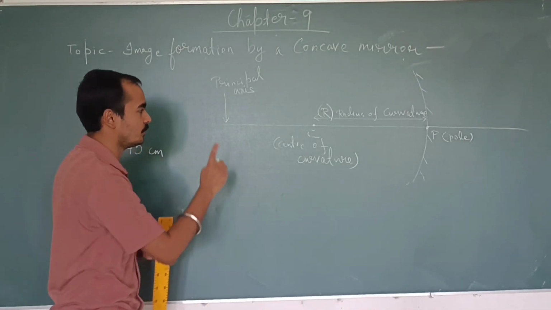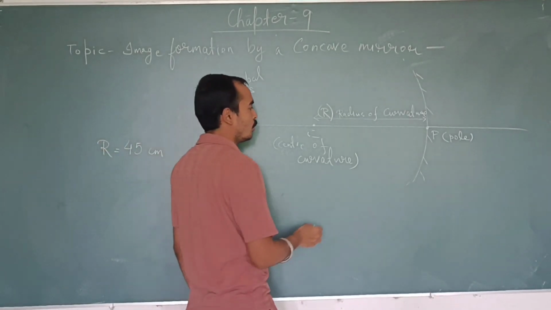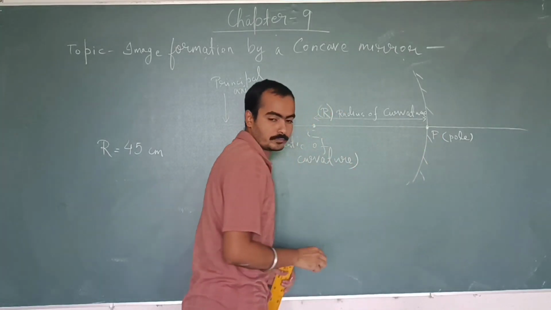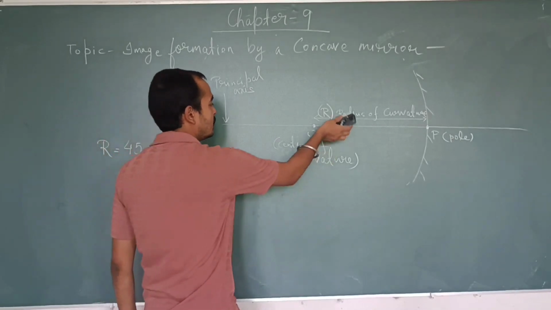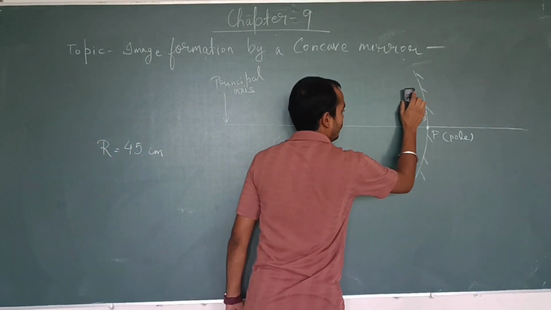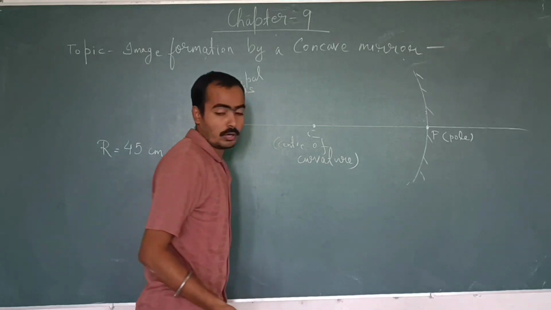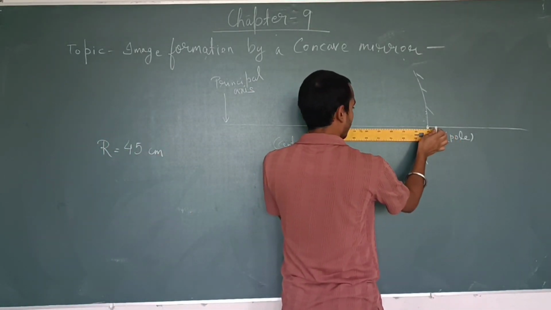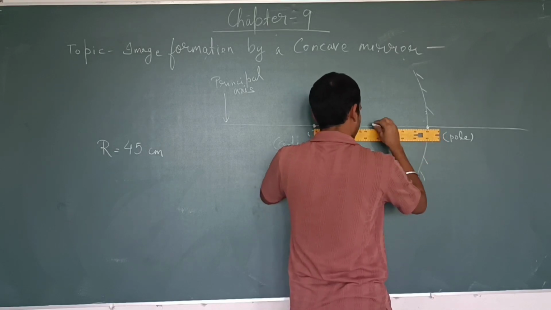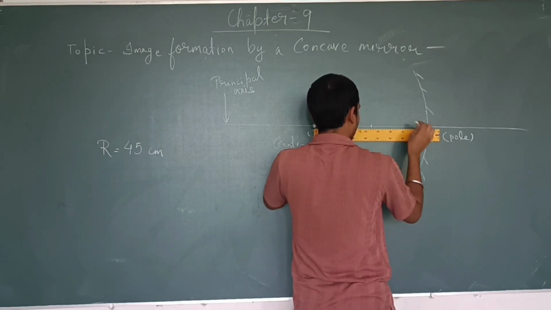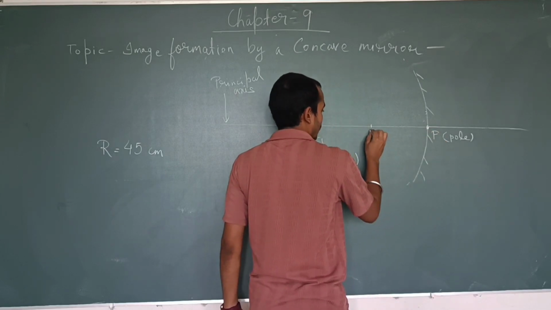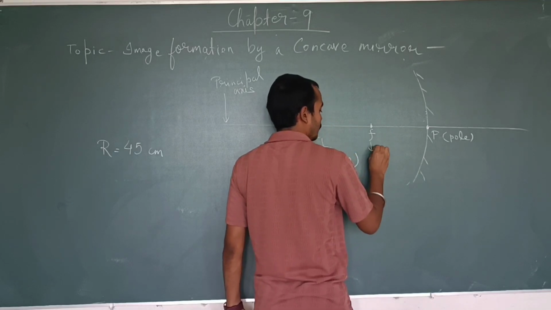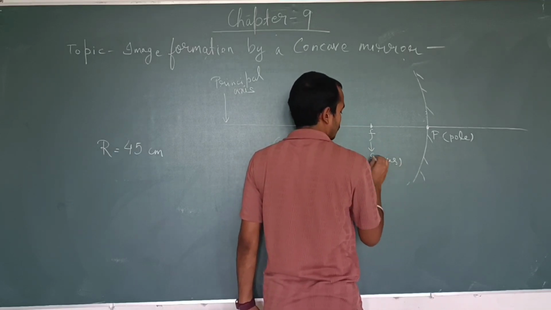We take a point between the center of curvature and the pole, and that is called the focus. If this is 45, then we will take 22.5 here. Here the focus will be, and this point will be known as the focus.